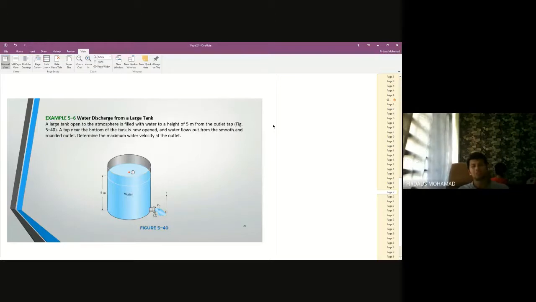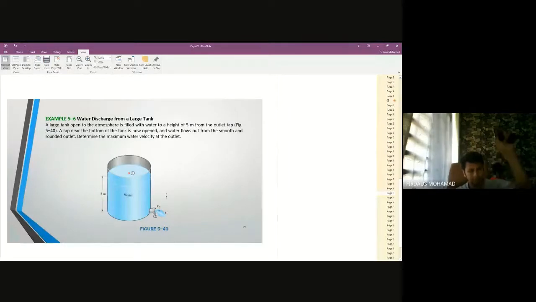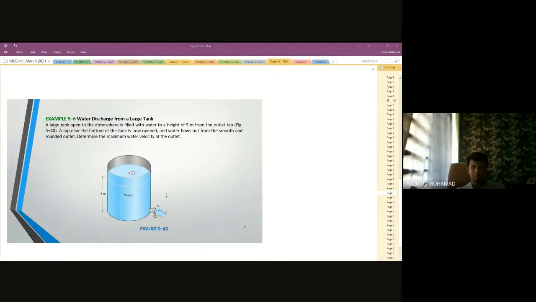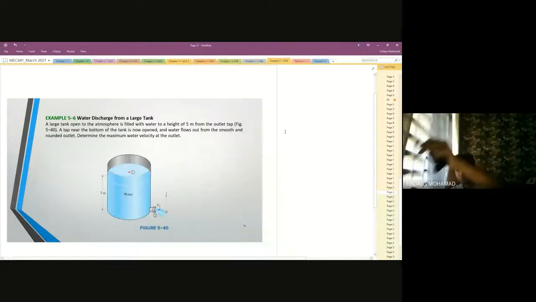Okay, so dapat maximum water V2. 9.905 ke?